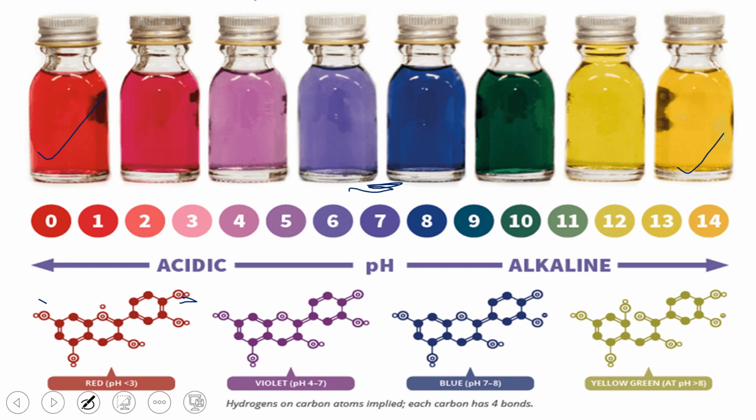As you increase the pH, it will be deprotonated, and ultimately fully deprotonated. Because of the protonated and deprotonated forms, anthocyanin is converted into different forms, and that gives you different colors.